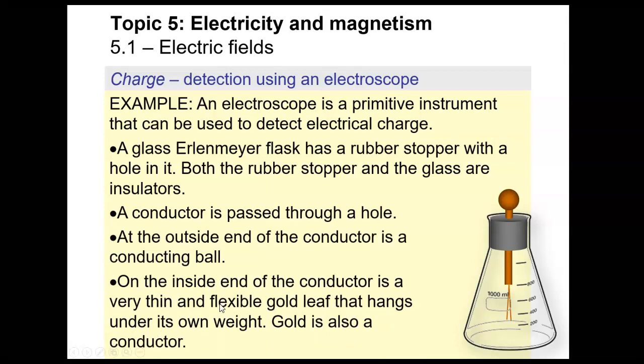On the slide, it says a very thin and flexible gold leaf. The one I have at school does not have gold in it; it's aluminum. Any conductor would work, but it would be nice if it was gold. The important thing is that it's a conductor. Here's how the electroscope works.